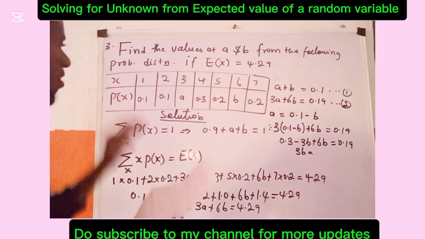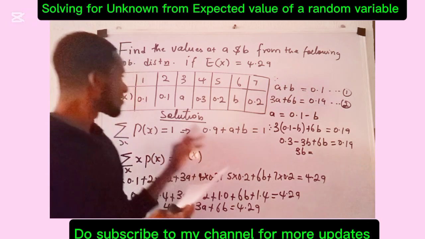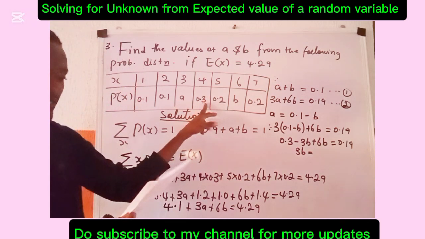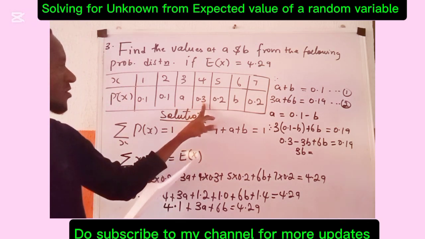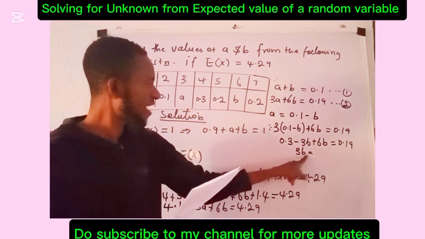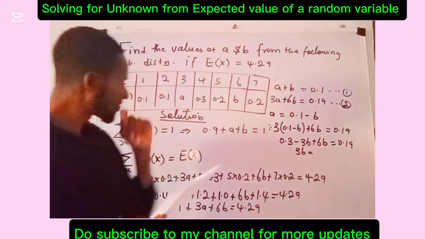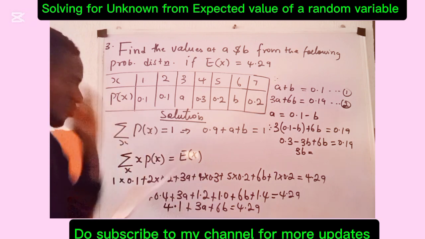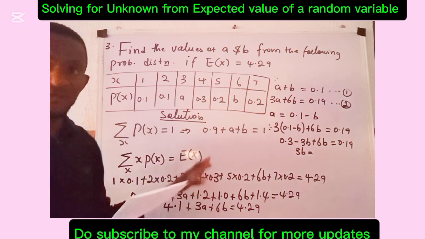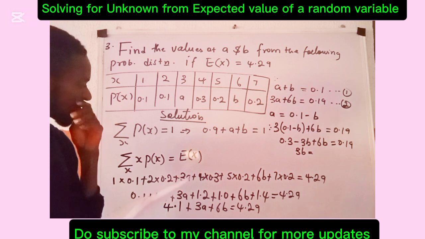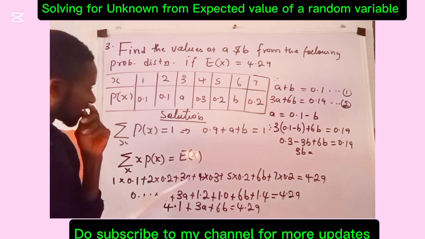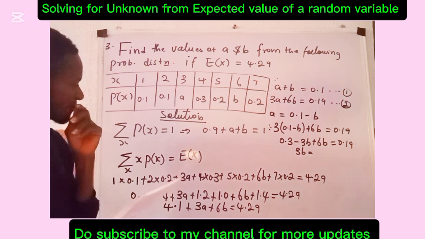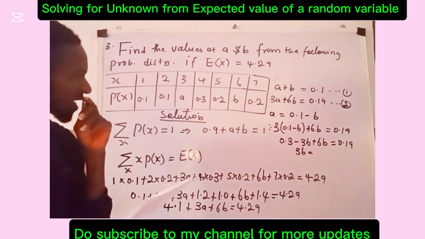But the most important thing here is, it may be from this table that I recorded something wrongly. That's why this value is trying to turn out negative. Or when I was assisting myself to do this multiplication, because it involves decimal points, doing it concurrently while solving the problem might pose some challenges.